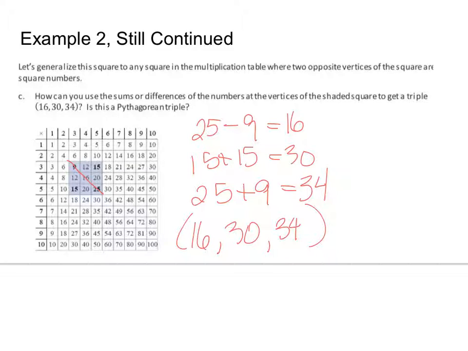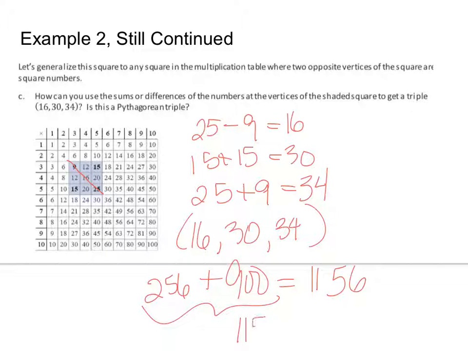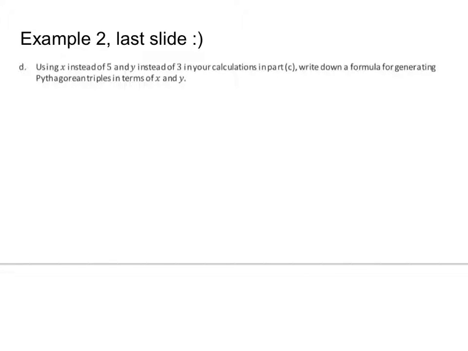And if I do that math, 30 squared is 900, 16 squared is 256, and 34 squared is 1156. Add those together, I get 1156. So yes, it is.